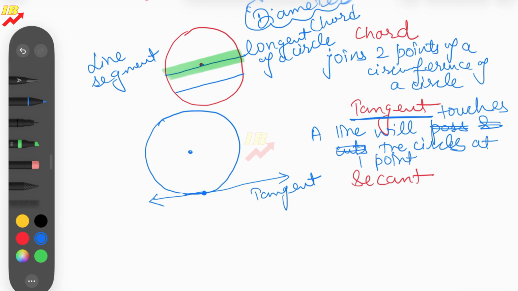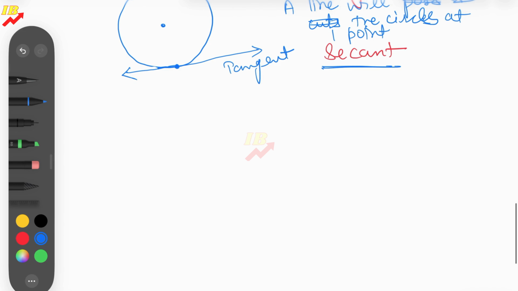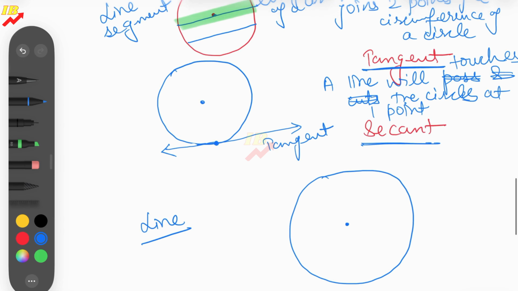Next thing is secant. What is a secant? If we draw a circle, this is my center, and again you take a line here. Here we talked about a line, not a line segment.